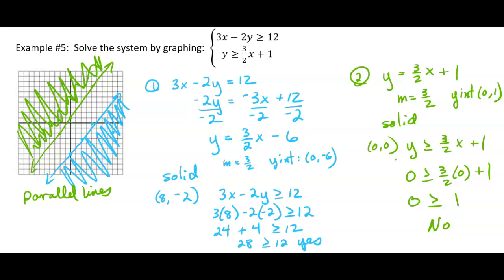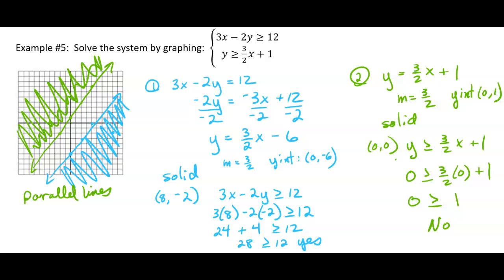Okay, now we have to make some conclusions here. Normally, we graph both lines and they intersect, right? And we do the shading and we find where both the green and blue match. This time they're parallel lines, which is fine. They can be parallel lines. We did the shading. We did everything correctly. Where are both the green and the blue?